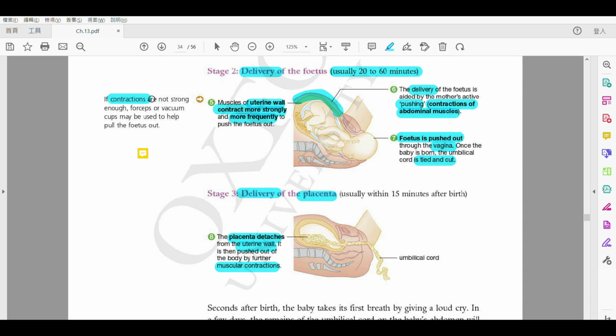Okay, so this is only saying that if contraction is not strong enough, okay, so the mother does not have enough efforts, does not have enough power 嘅話咧，咁 maybe a lot of reasons. The mother is old, the mother is feeling very painful, that she needs to take up some 我哋叫笑嘅氣啦 that will make the mother relax.